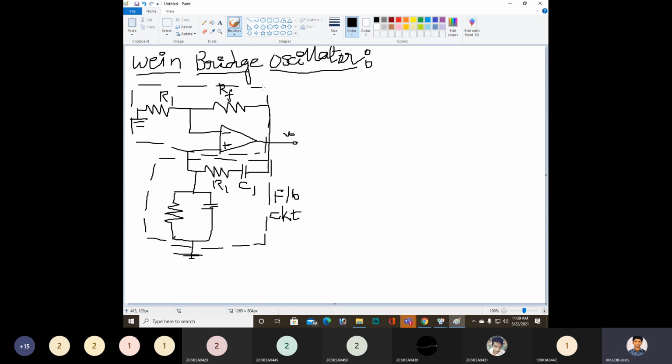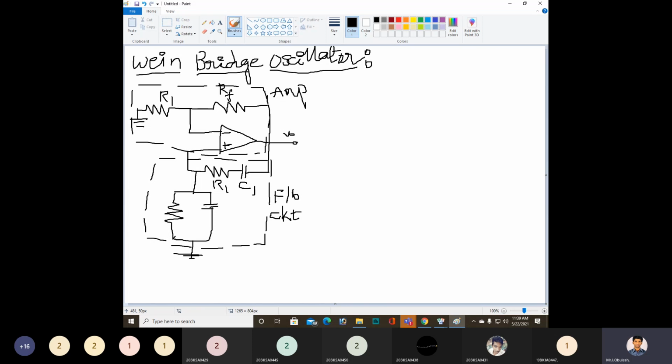So we have another widely used audio frequency oscillator, the Wien bridge oscillator. Okay, this is the Wien bridge oscillator circuit. This is the feedback circuit and this is the amplifier circuit.